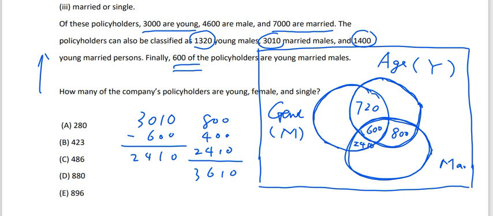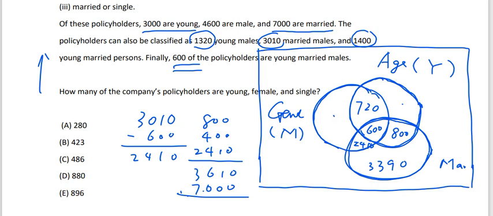So married is 7,000, and this minus this, we have so many, and then fill out this.